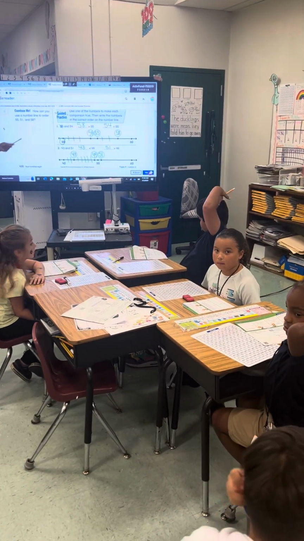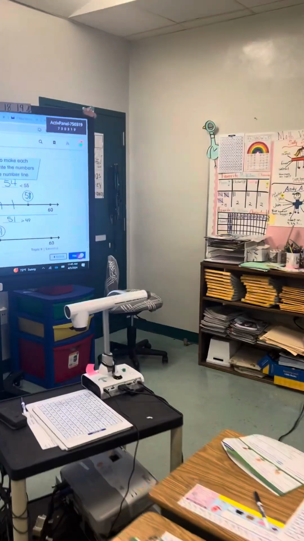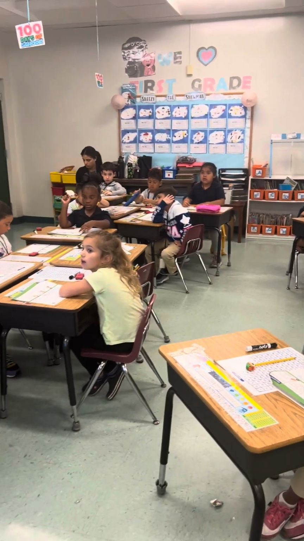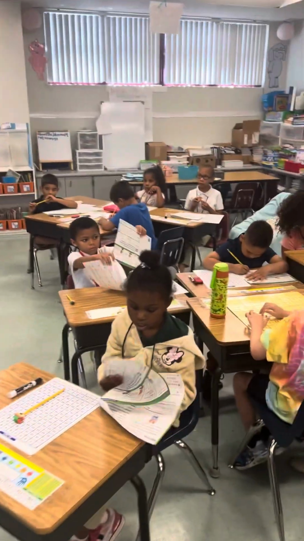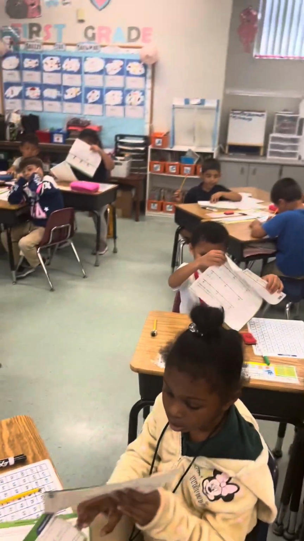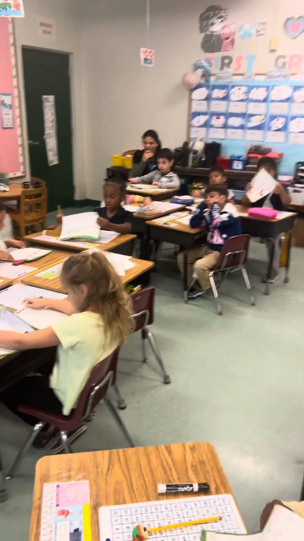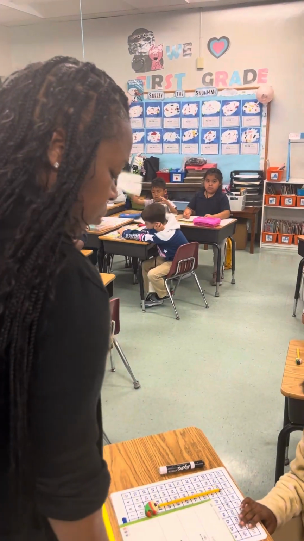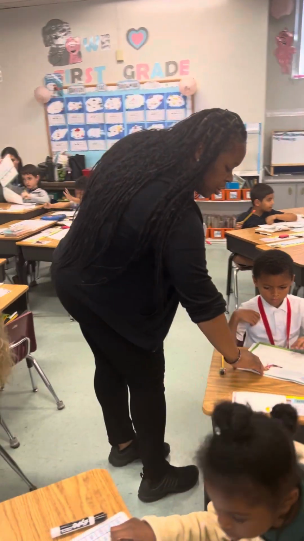Good job, guys, plotting the numbers on the number line. Now, you will have a chance to try a problem on your own. I want you to turn the page and look at problem number 3. Problem number 3. Turn the page.